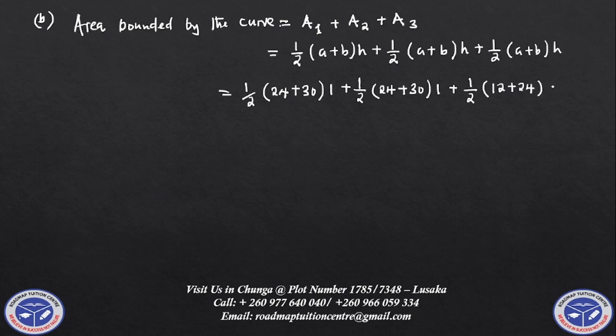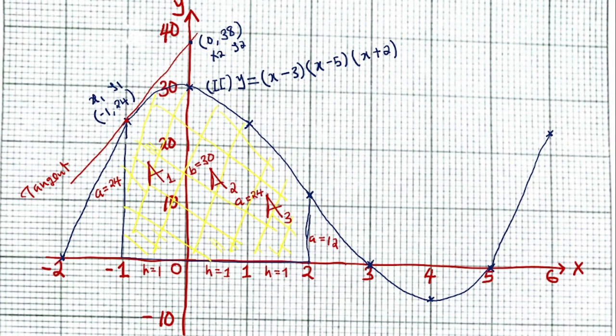You can just have a look at them again before we continue. On A3, the longest one is b, it was 24, then our a was 12, and our height was also 1.